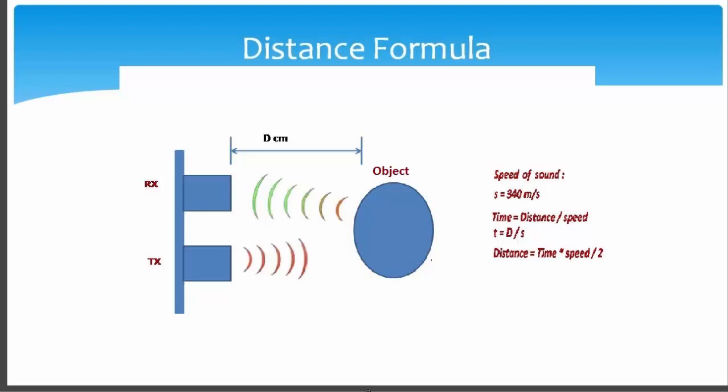The distance between this object and the sensor is calculated by the formula S is equal to D divided by T, where S is equal to speed, D is the distance, T is the time. Speed of the ultrasonic wave in air, that is S is equal to 340 meter per second.